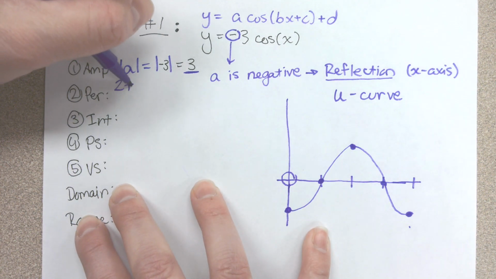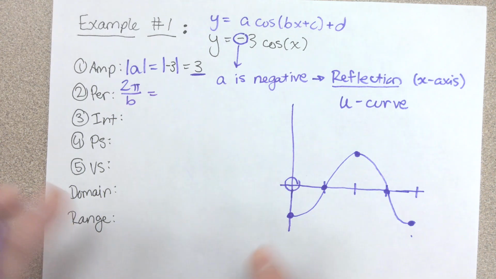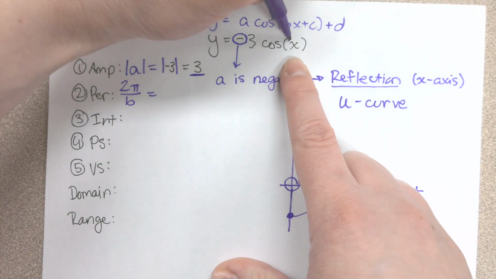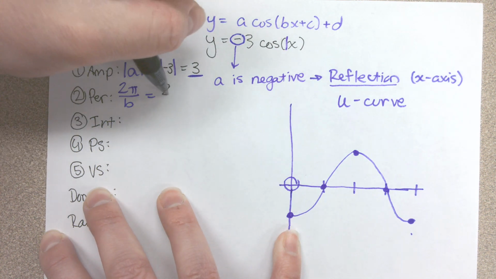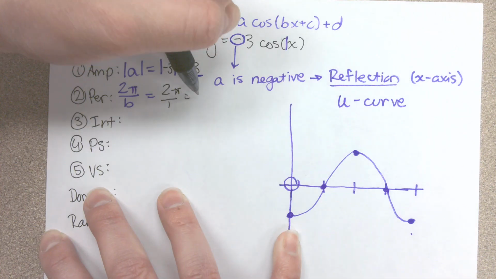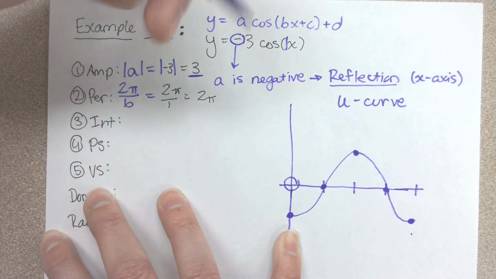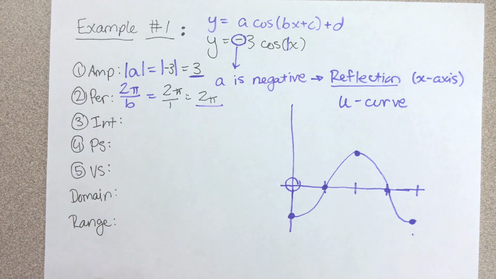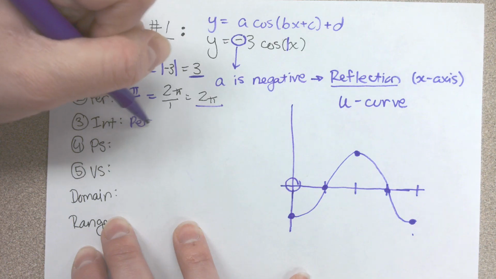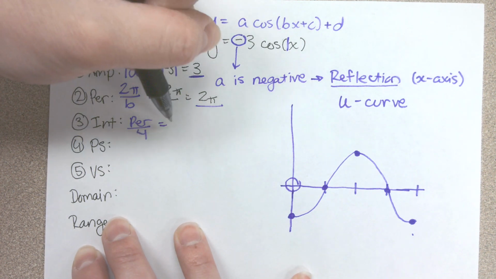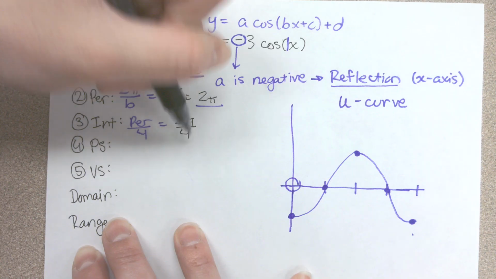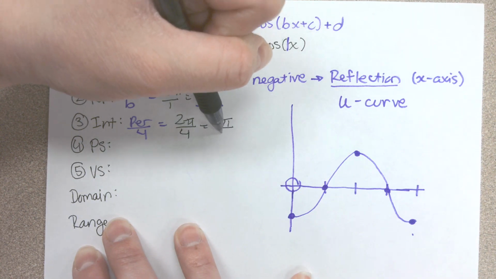Period, 2 pi over b. And b here is just 1, so it's the standard 2 pi over 1, or 2 pi. Interval, period over 4. Two pi over 4 reduces to pi over 2.